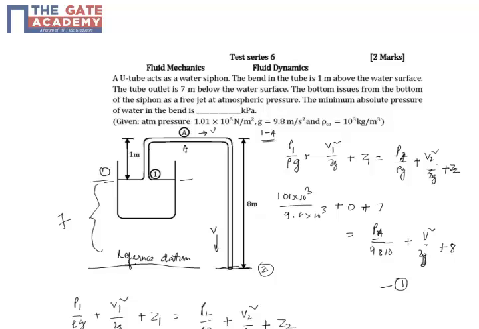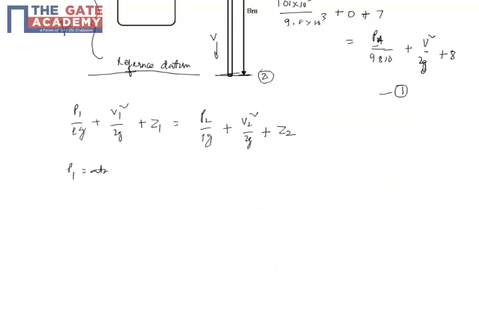P1 is atmospheric pressure and P2 is also atmospheric pressure, so they cancel on both sides. V1 is 0 because it's a large tank on the left side. So on the left we get only Z1, which is 7, and on the right V2 square by 2g plus Z2, where Z2 is 0 because the reference level is at section 2.